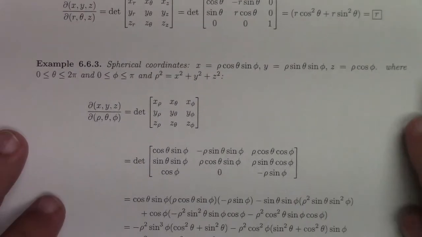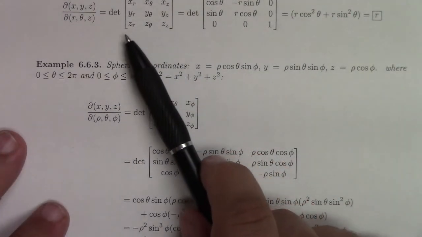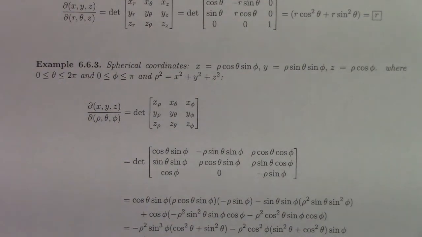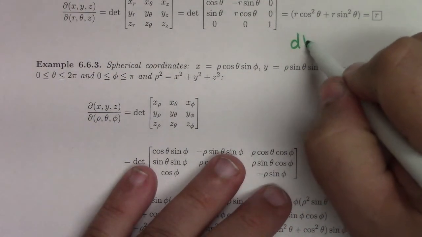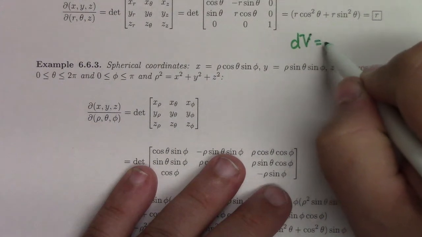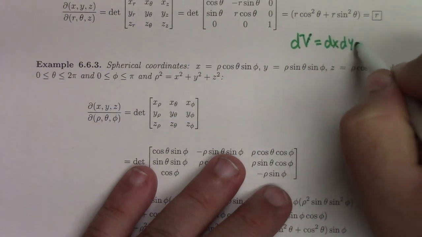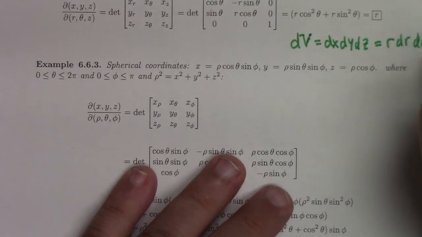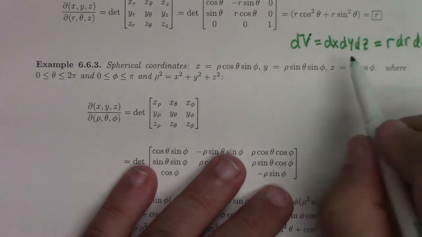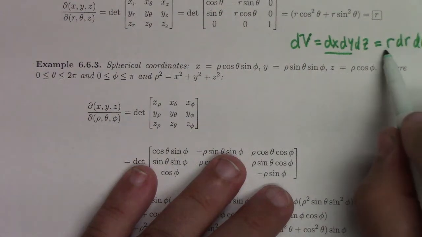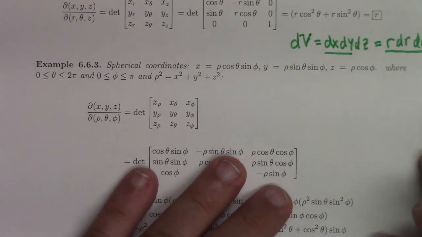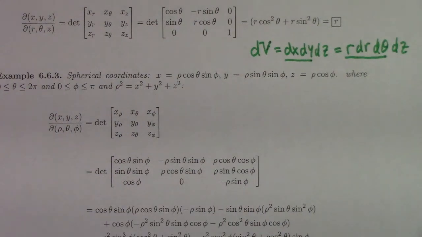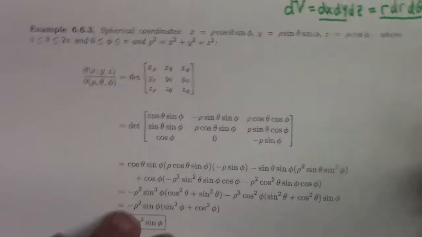And just to get to the point, when you calculate the Jacobian for cylindrical coordinates, you get r, which basically means that dv is equal to dx dy dz, but it's also equal to r dr d theta dz. That makes a lot of sense because this dx dy we have previously interpreted as r dr d theta in polar coordinates, right?